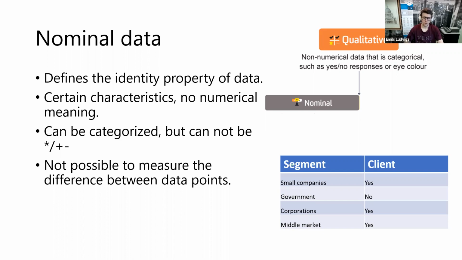This is possible, but we can see that the clients' yes and no doesn't mean numbers. So this data cannot be quantified: to sum up, divide, multiply, subtract, these mathematical operations cannot be used on these types because it's usually defined by text, and we know text cannot be used in mathematical operations.